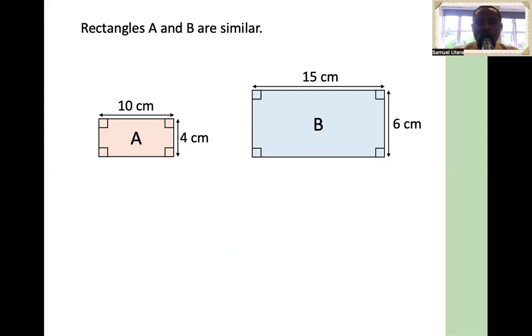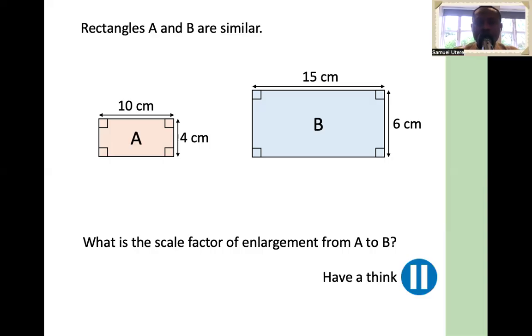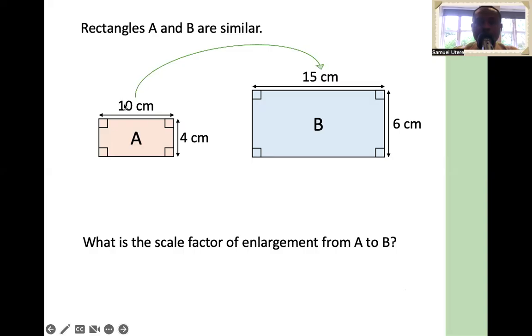Let's look at this example. Rectangles A and B are similar. What is the scale factor of enlargement from A to B? Notice that to find out the number that we need to multiply 10 by to get to 15, another way to find that out is by doing 15 divided by 10. That gives us 3 over 2, which is 1.5.